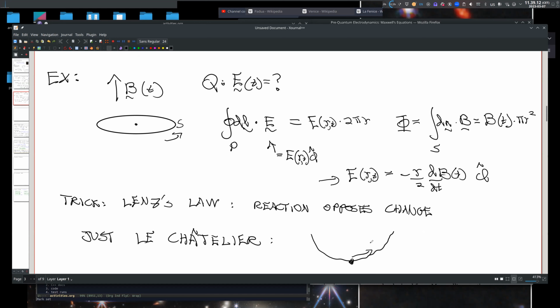The system will push back on you to bring you back towards equilibrium. Why? Because at equilibrium, you are at a minimum, and by definition, all the derivatives are zero. But if you move away from the point, there will be a force trying to restore equilibrium. So you're trying to push away from an equilibrium and the system pushes back against you.